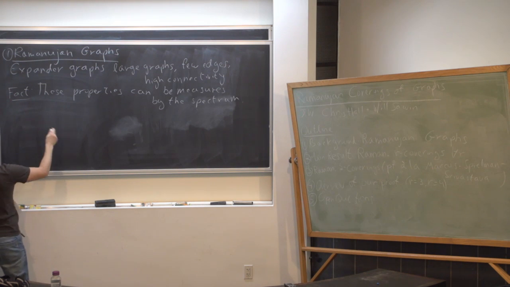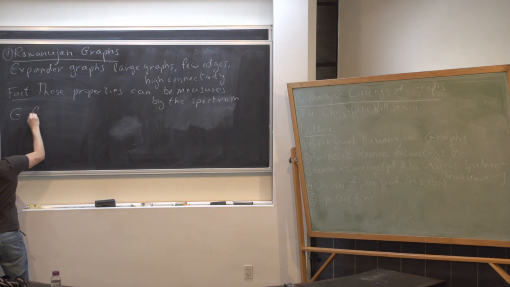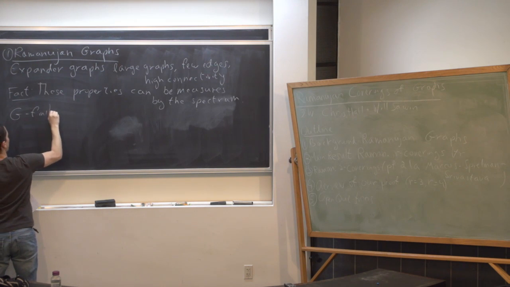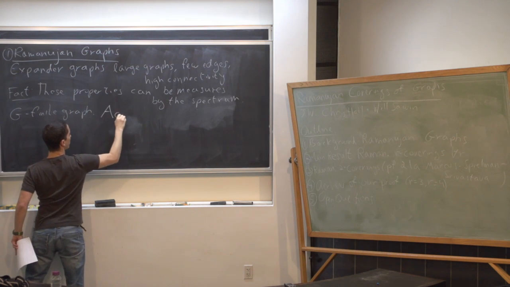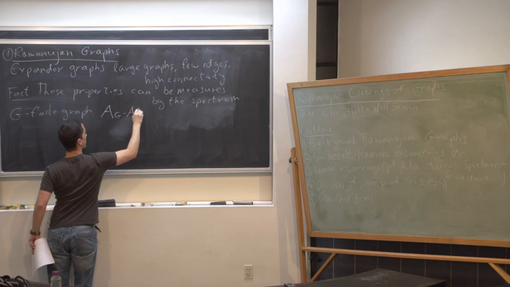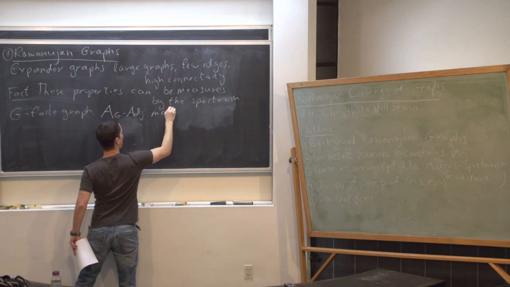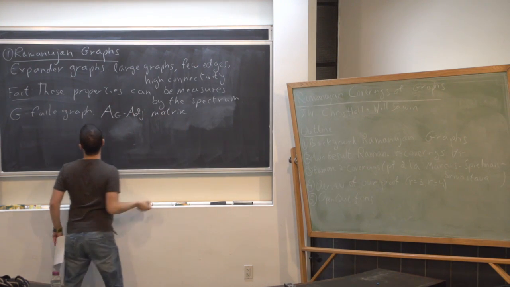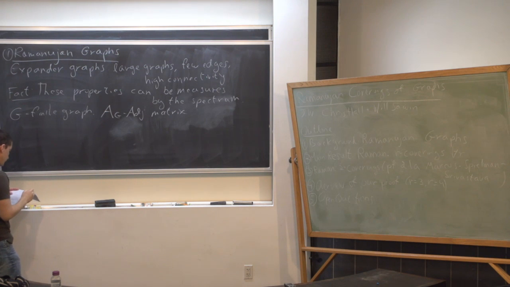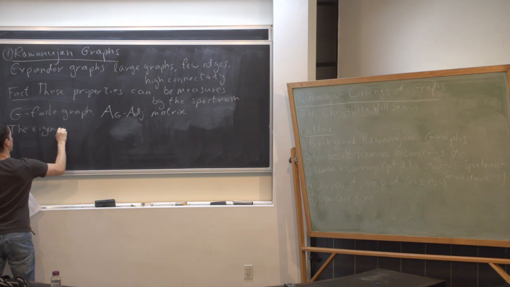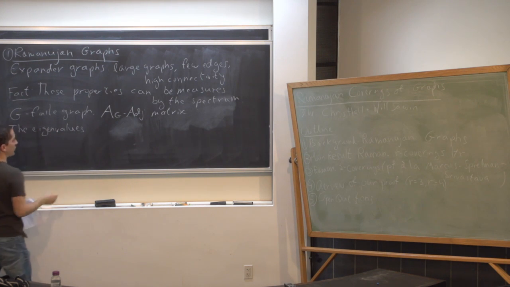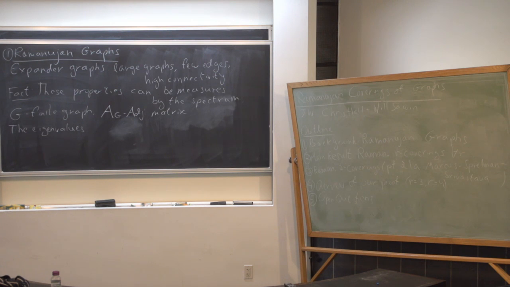Okay, so let's now give the details of what I mean by the spectrum. Let G be a finite graph. A(G) is the adjacency matrix. The spectrum of G in this talk will be just the eigenvalues of the adjacency matrix.